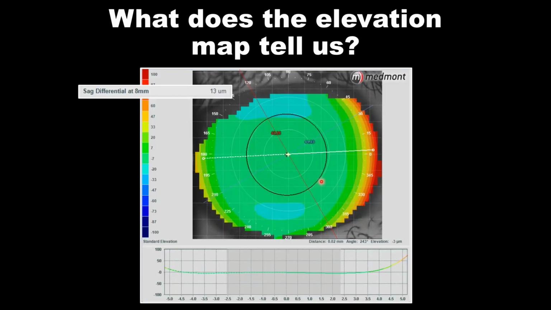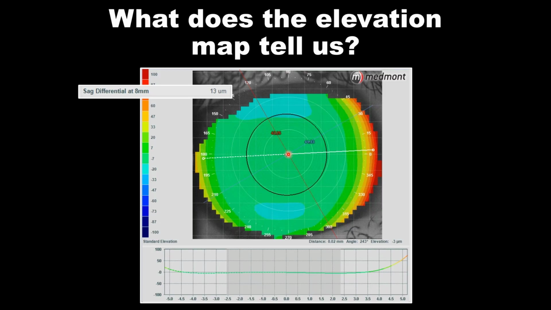Now, if we pull up the elevation map, that tells us about height. Remember, red is where the eye is high. Blue is where the eye is low. What's the elevation map telling you? Well, red, yellow is closer on the nasal side, farther away on the temporal side from the visual axis or pupil.